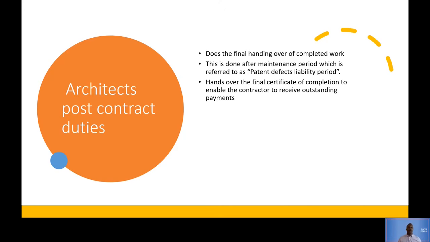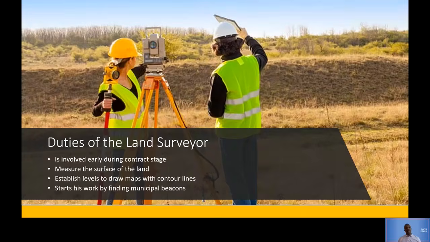Now let's move on to speak about the duties of the land surveyor. What does the land surveyor do? So the land surveyor is involved early, pre-contract. Before construction is done, the surveyor would go to site and say, okay, this is the site.